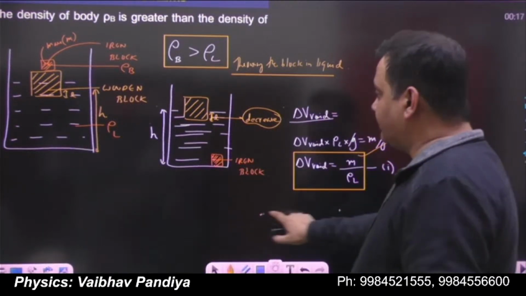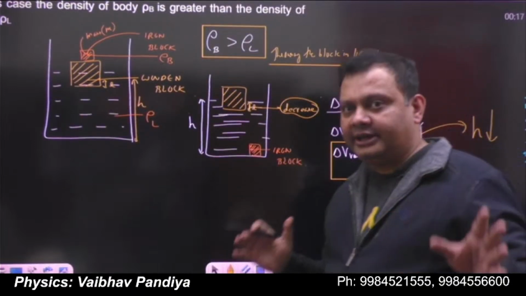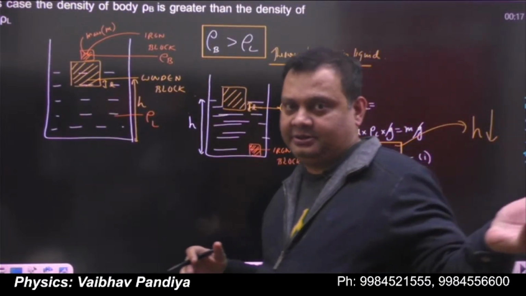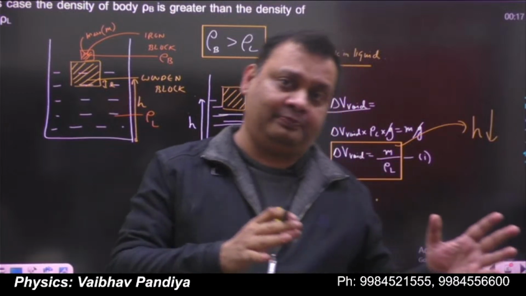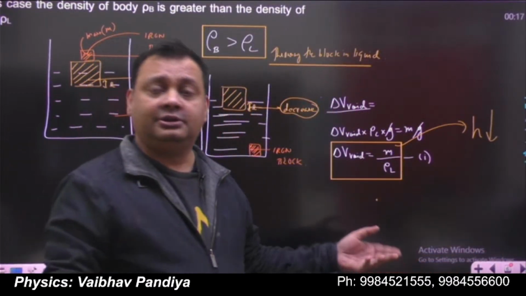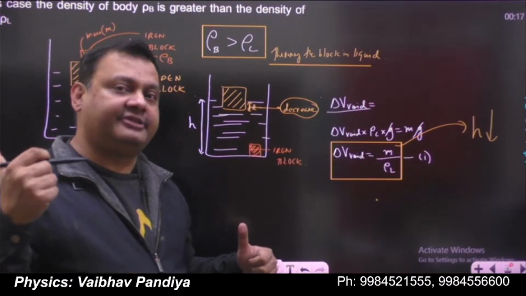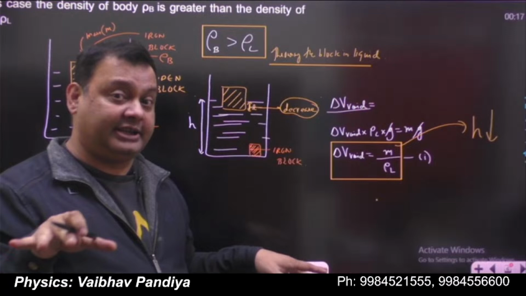Now what you're doing with this, you're throwing the block in the liquid. So what do you think? Apart from the volume getting free, will there be some other volume which will be getting further displaced by the block? Yes, of course. Now the whole block is inside, not like the previous case when the wooden blocks were partially floating in the liquid.